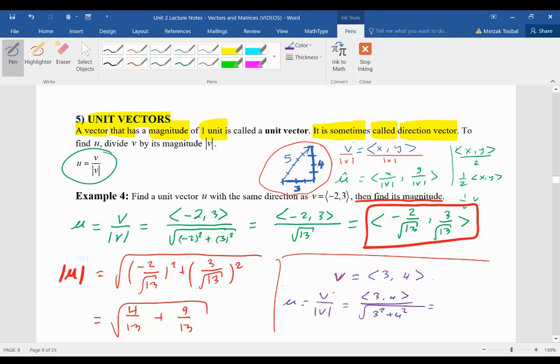This is going to be 9 plus 16, 25, root 25 is 5. So it's going to be 3 comma 4 over 5. And then you just put them under separate fractions: 3 over 5 comma 4 over 5. And then if you want to verify that the magnitude of this vector is 1, you can do the same thing we did over here.